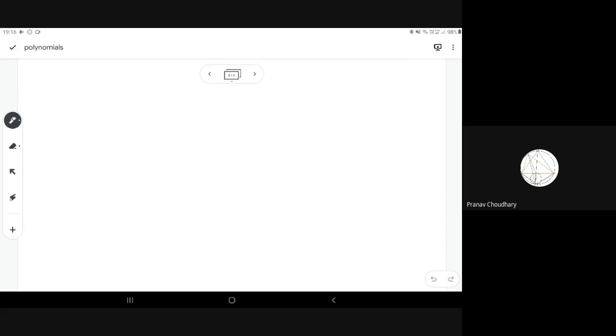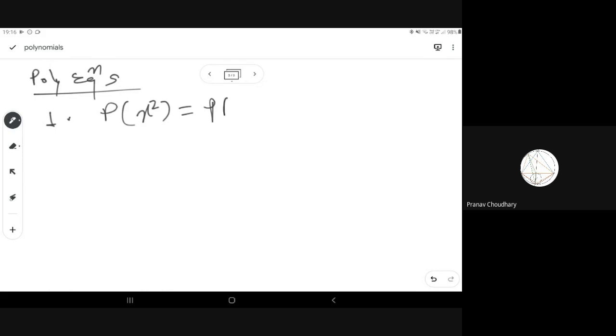For now we will begin with some problems, and look at polynomial equations and some general methods for solving them. I'll just give the header, poly equations. Poly equations are of the form: find all polynomials in R[x] such that some equation holds.